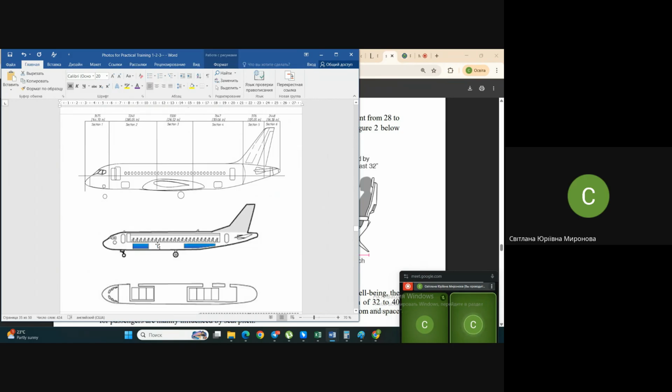The passenger floor, where should it be? In the middle of the fuselage, but we have seen the picture and we understand that a person should stand in whole height inside, and after the person's height there should be some distance, also some space.